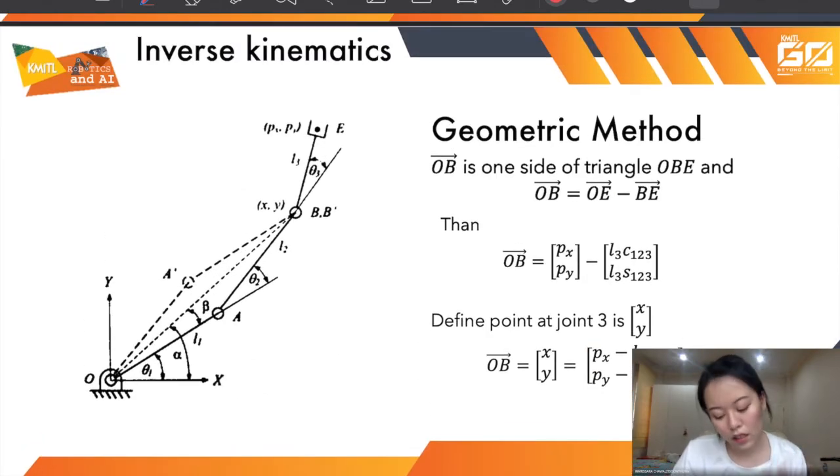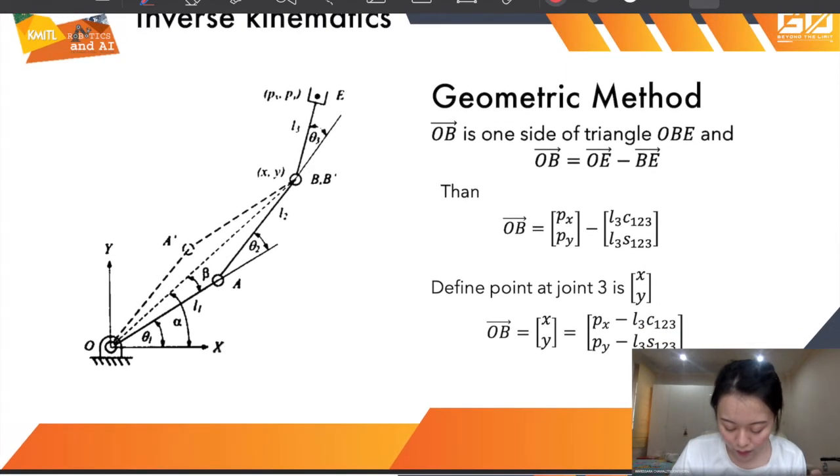And the next method is the geometric method. It's a method where we use geometric identities to find the lengths of the links. For the first one, we identify OB. Here, the line OB ends at the point XY.